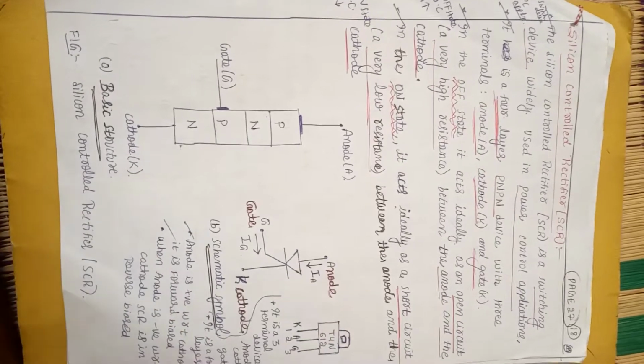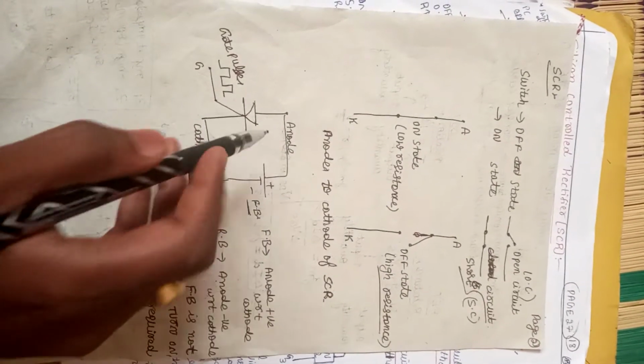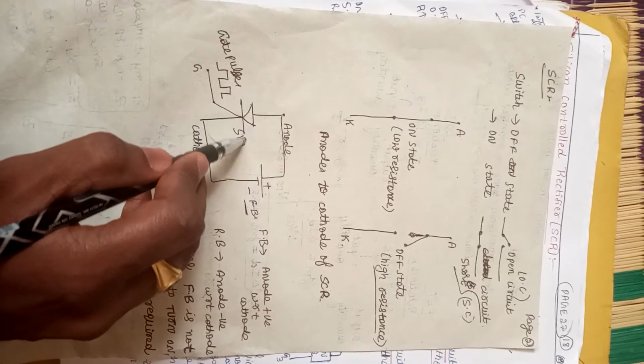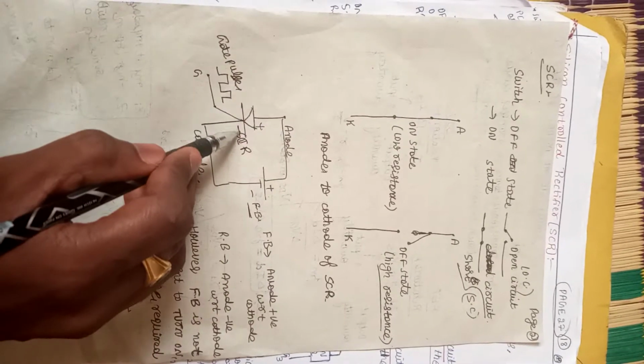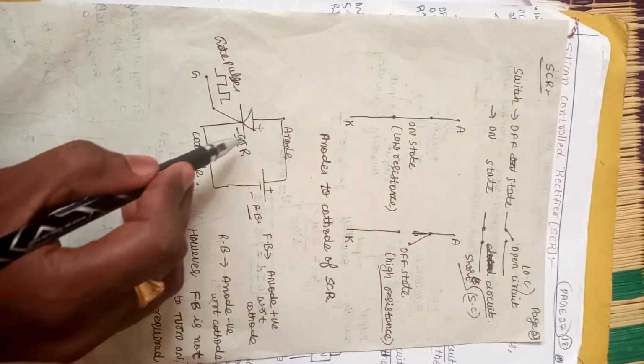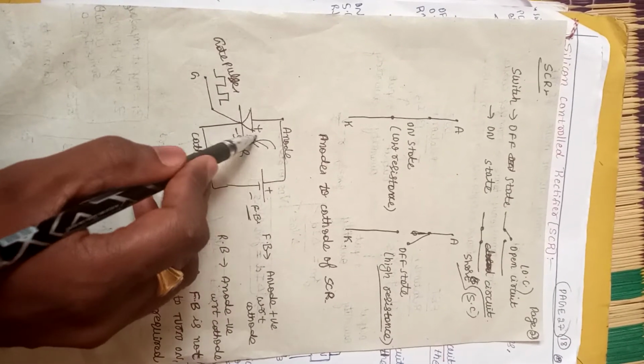So even after forward biasing, this is your SCR. In this case, plus is connected to plus and minus is connected to minus. Even after forward bias, the current won't flow through the device. Why?